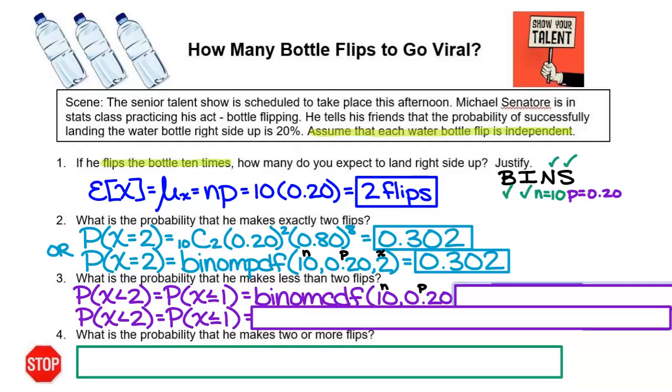X, which on this one is, what is our X value this time? 1. Because remember, the X value is going to be a less than or equal to. When I say less than 2 flips, that means 0 or 1, so less than or equal to 1. Go ahead and pop that into your calculator and tell me what you get.